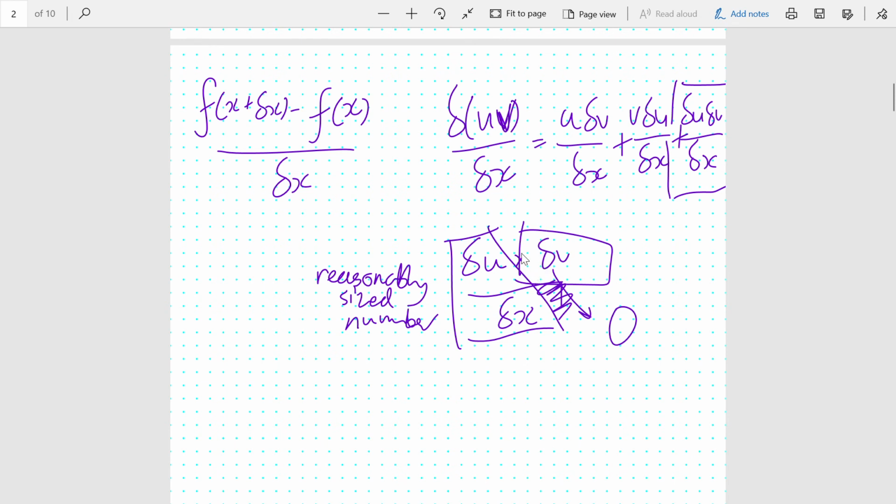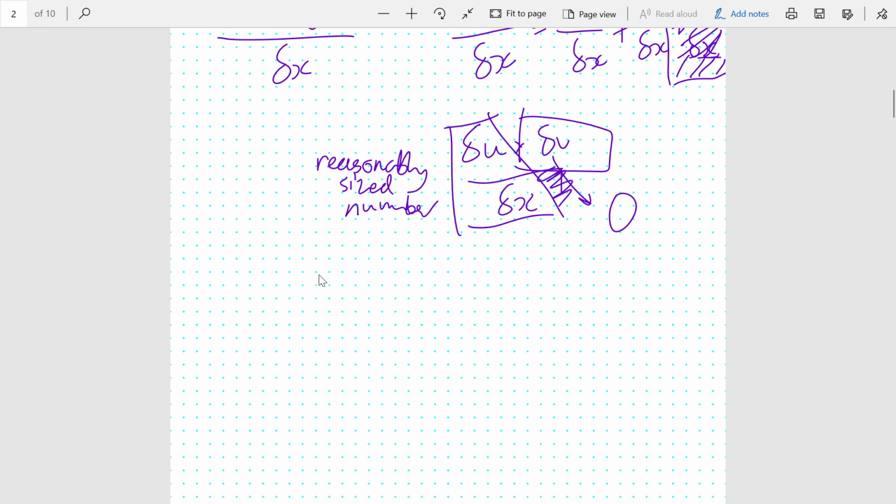But this is just a regular sized number, which is one of the d's divided by the d on the bottom. And once you have this third d, which is left out in the open, on the numerator of the fraction because it's by itself, not divided by any infinitely small number, it goes to 0, and the whole expression here goes to 0. So this is ignored when you're calculating the differential of uv.